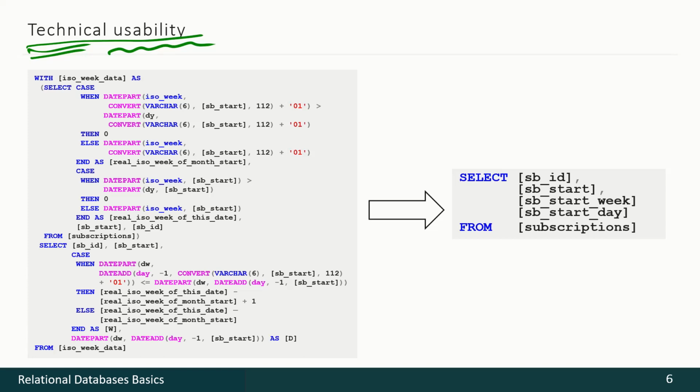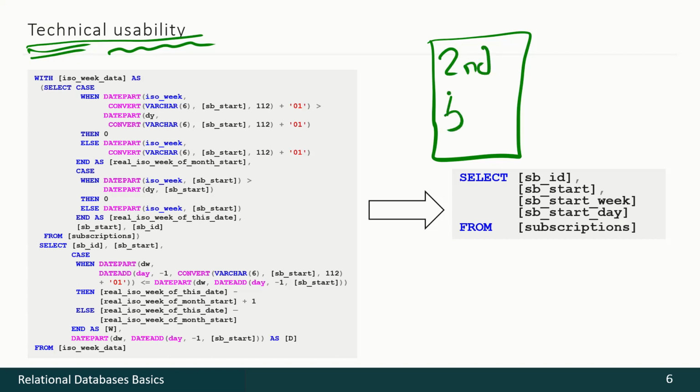Maybe you've seen such information on a door of some shop saying that, for instance, every second Friday, 5th day, is a day for some technical maintenance or something like that. So we have a date and we have to find out which week of the month is it and the number of the day.